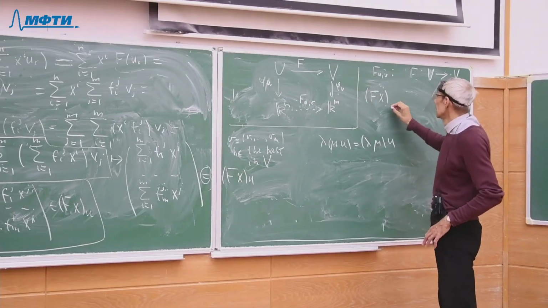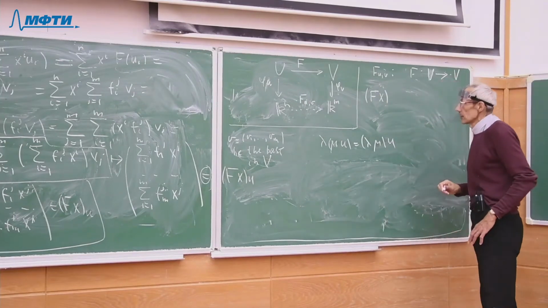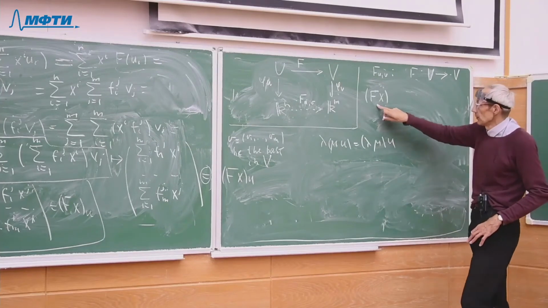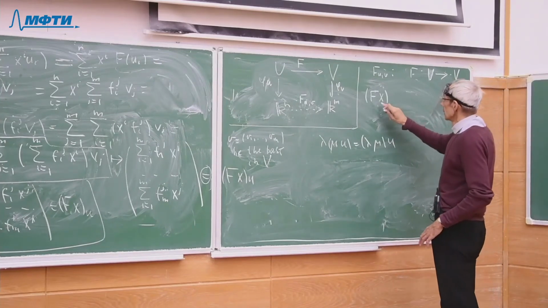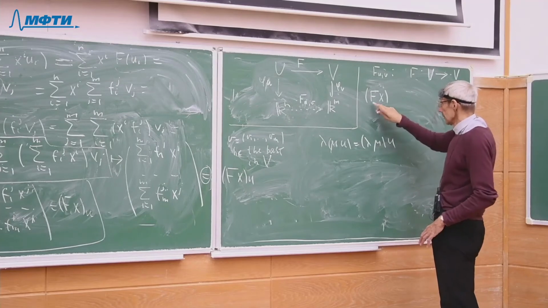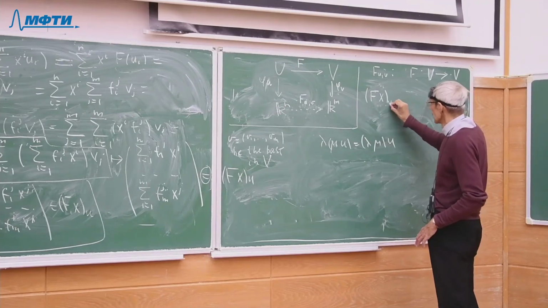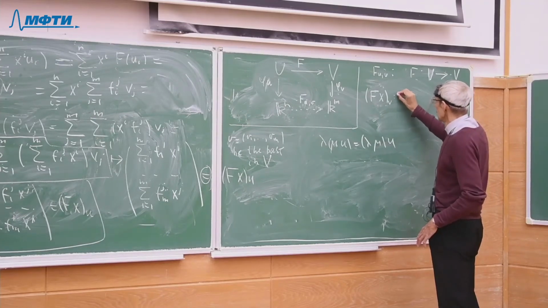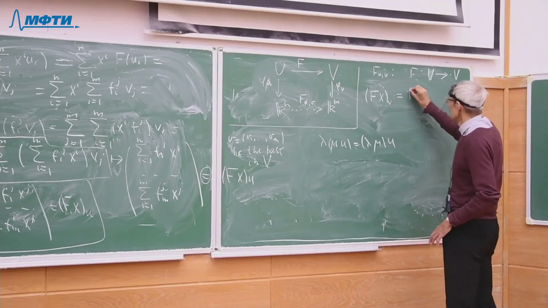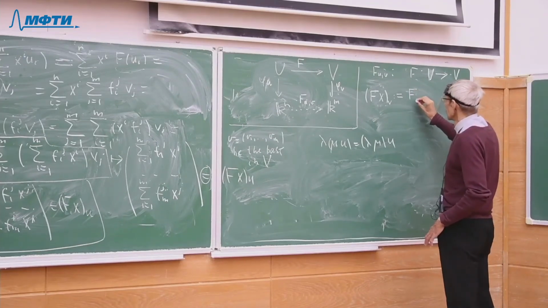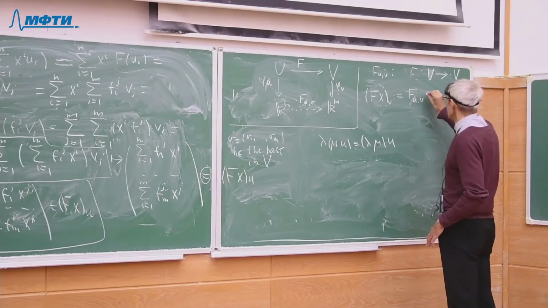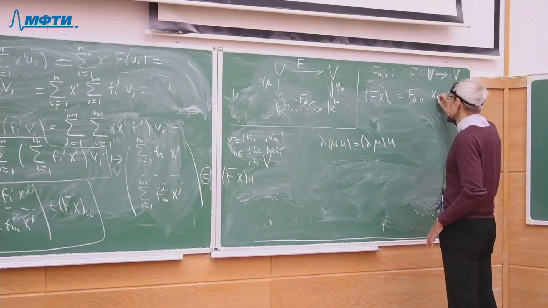For any vector x, the coordinates of the image F(x) in the basis V are, by definition, equal to the product of this matrix F^{UV} by the coordinate vector x_U.